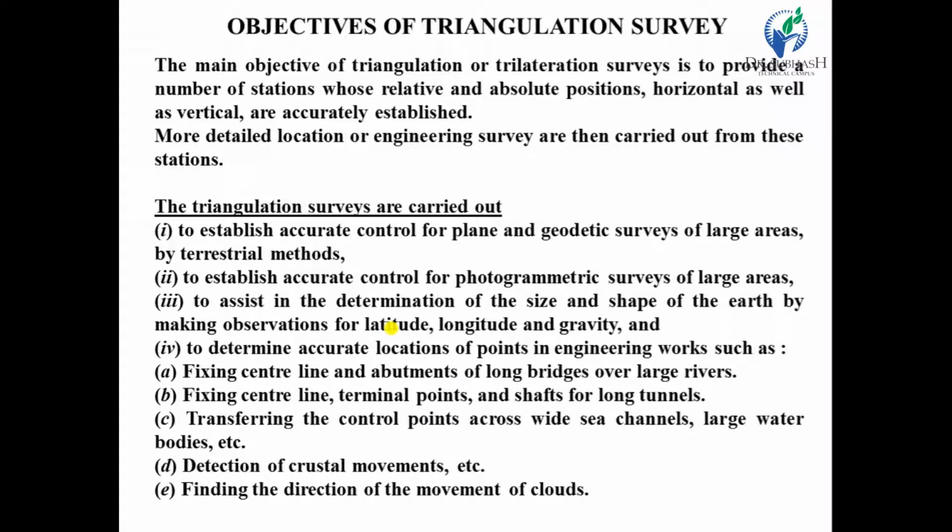After that, accurate control points are used for photogrammetric surveys of large areas, to assist in determination of the size and shape of the Earth, to determine the accurate location of points on engineering works, to fix the center line for abutments and piers of long bridges like bridges over the sea and over long canal networks or long river networks, and for transferring control points across a sea channel.